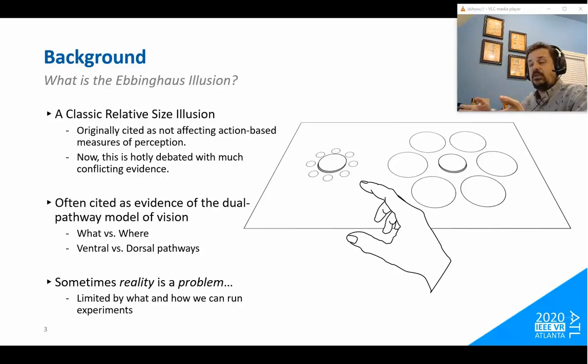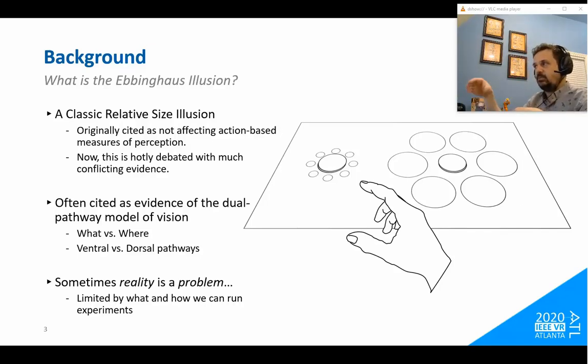Now, the problem is that every study, including the one we're going to talk about today, is imperfect. And one of the problems with these studies is that reality is a problem. We're limited by what we can display and what we can do in the real world. How most of these reaching experiments have been done is you have a printout of a large or a small annulus, and then a small physical disk is placed in the center to act as that central disk.